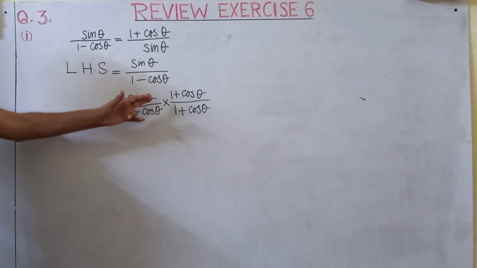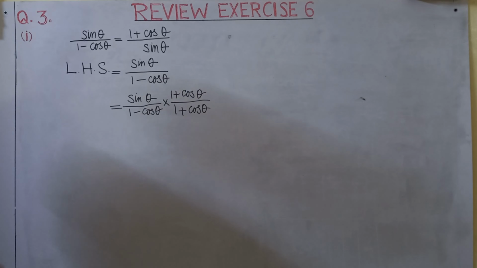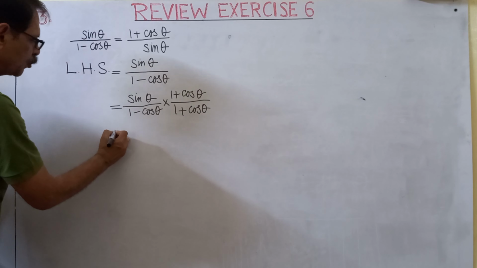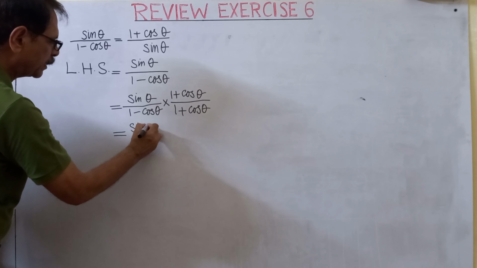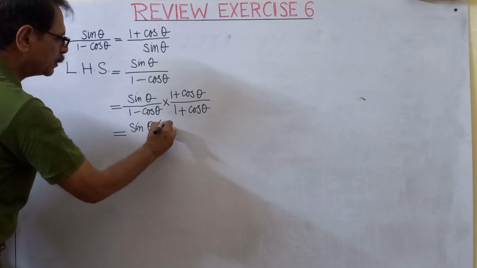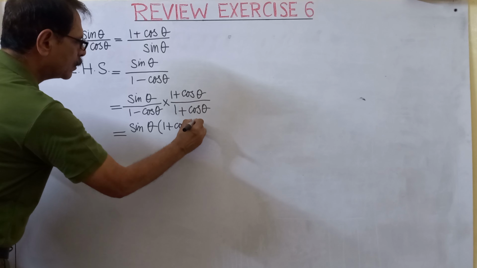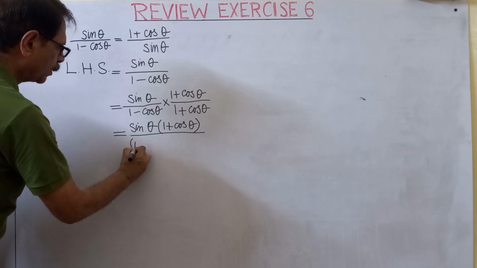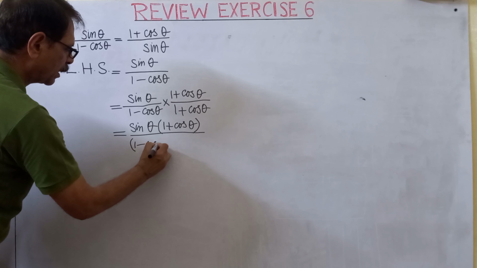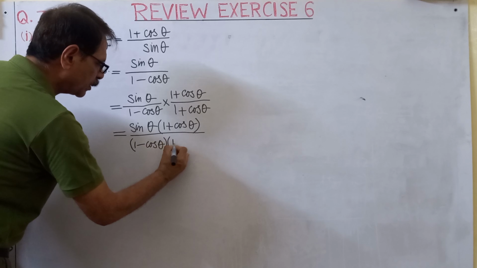That is multiplying and dividing by 1 plus cosine theta. Numerators will be multiplied together. Sin theta into 1 plus cosine theta over 1 minus cosine theta into 1 plus cosine theta.